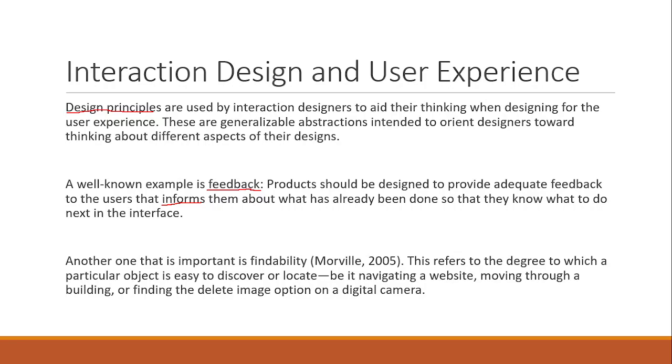This refers to the degree to which a particular object is easy to discover or locate, such as buttons or text fields. It should be easy for the user to see. If they navigate a website, it should be easy, with a click of two or three buttons, or a minimum of one button, to navigate there. Examples are moving through a building or finding the delete image option on a digital camera. It should be easy to find the set of components needed to trigger a function.